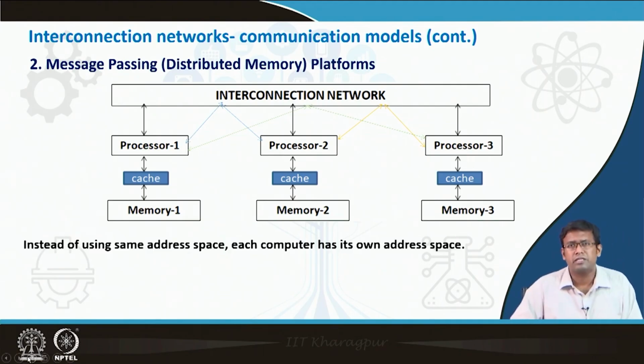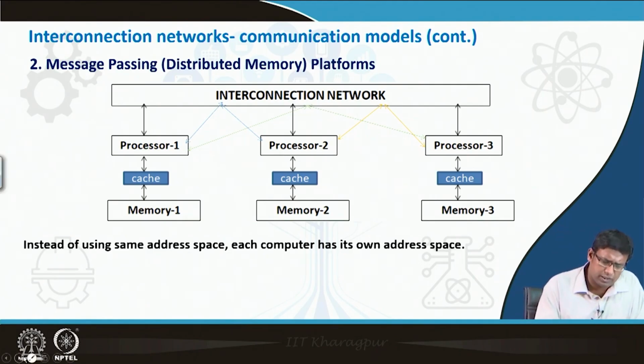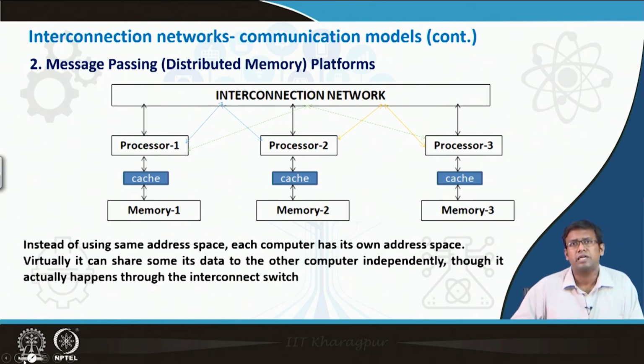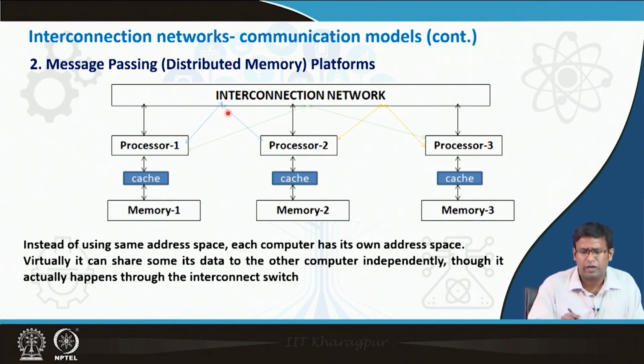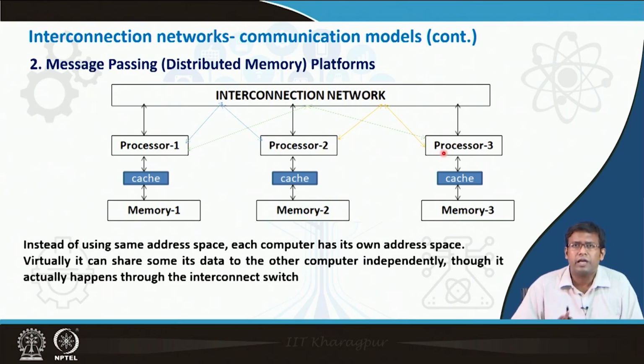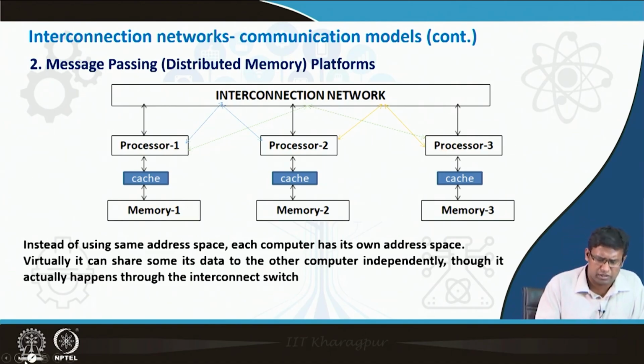Instead of using the same address space, each computer has its own address space. Virtually, it can share some of its data with another computer independently through the interconnect network. So, if some of the data of this processor has to be given to the third processor, it should go through the interconnect network independently, and it is not interfering with the memory of any other processor, though it actually happens through the interconnection switches.